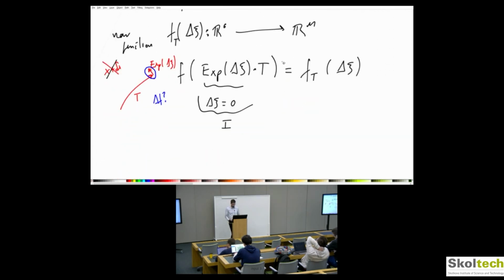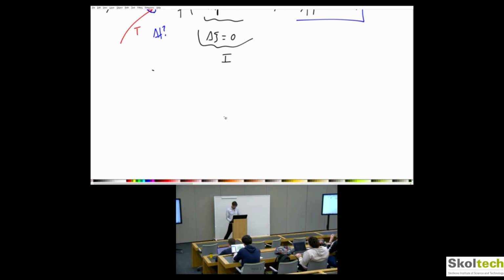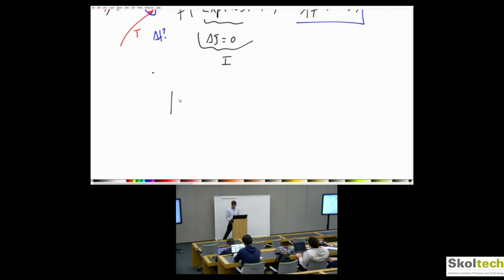Okay, so we have this new function. Now, what comes next? For this, I'm going to give an example, because this is going to be different for each solution.